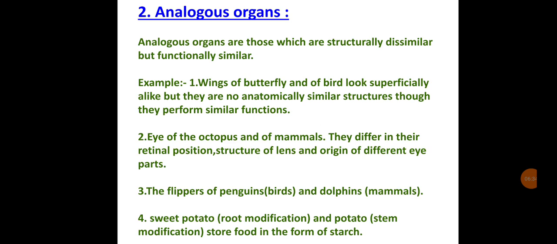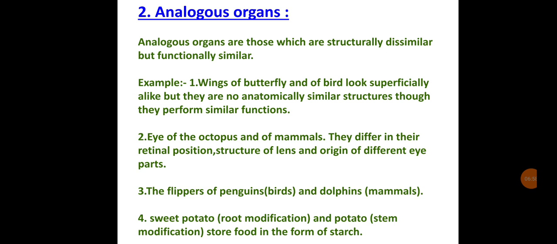Analogous organs. Analogous organs are those which are structurally dissimilar but functionally similar. For example, the wings. The wings of the butterfly and birds have a different structure but they have the same function, that is flying. The eye of the octopus and mammal differ in their retinal position, structure of lens and origin of the different eye parts.